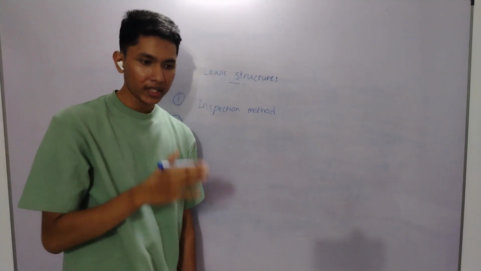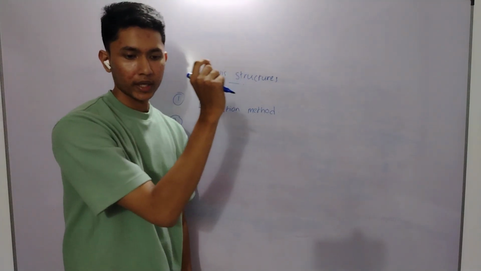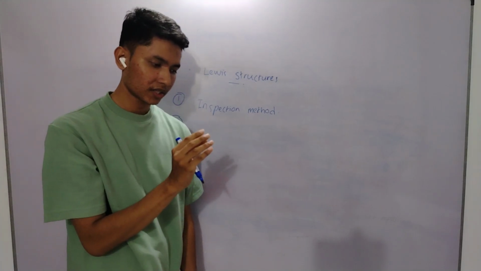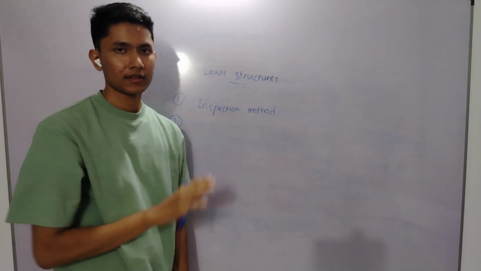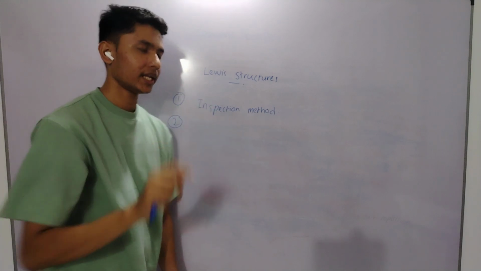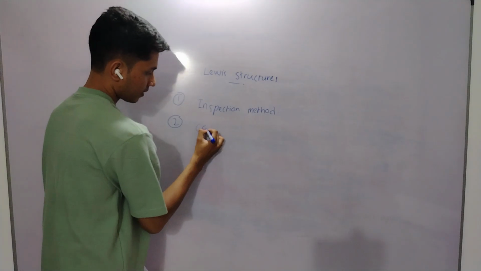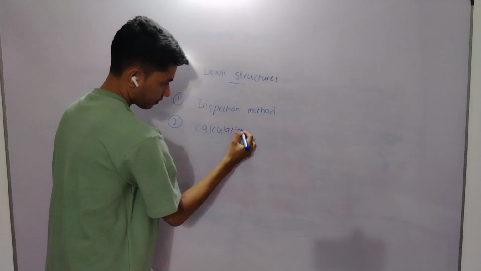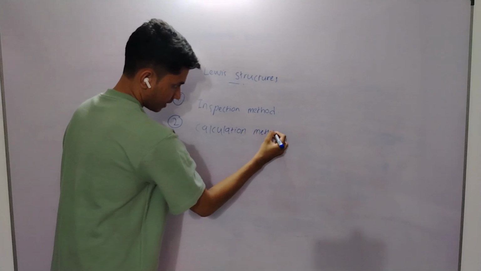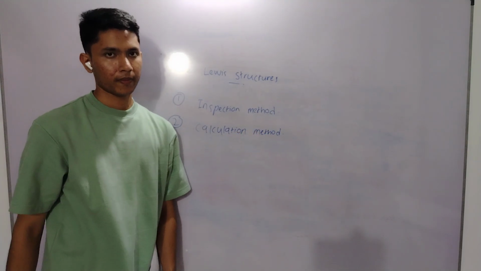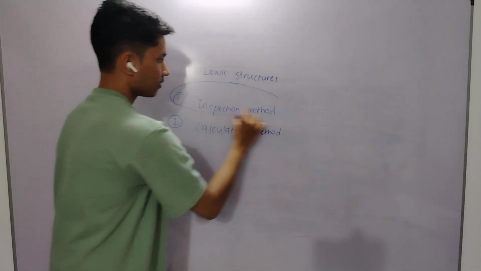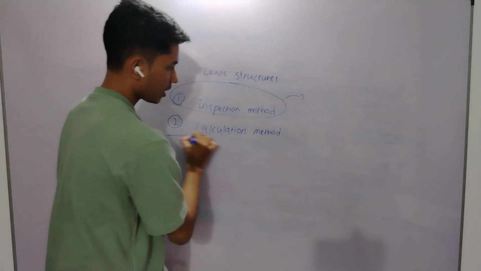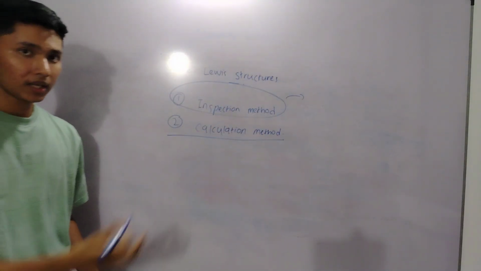When you keep on drawing structures, you will come to a point where you just look at the structure and can complete the Lewis structure. I will explain it again later. The second one is the calculation method. Leave inspection aside for a minute; we will learn about it later. In this video, we are going to focus on the calculation method.